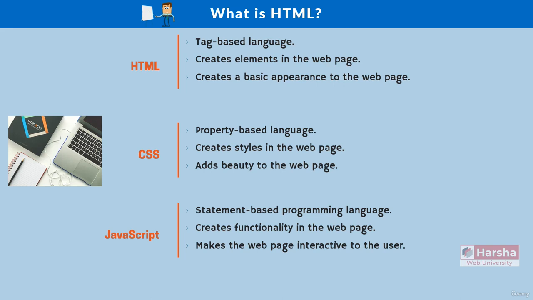Actually, ECMAScript is a specification released by W3C, which is the World Wide Web Consortium. It is a group of experts who release the web standards. Based on the specification of ECMAScript, JavaScript is developed by the browsers. So if the ECMAScript specification is theoretical, JavaScript is a practical implementation of ECMAScript.